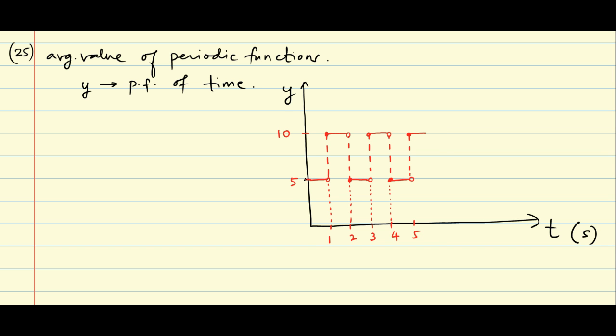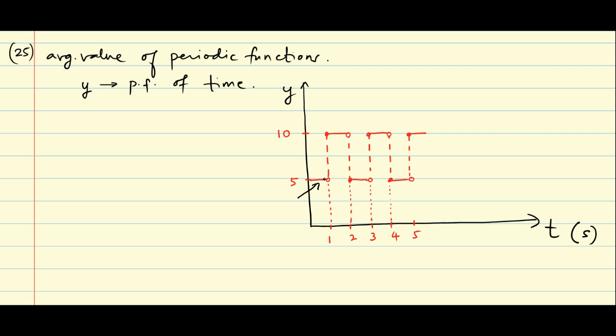Of course, we can even see how exactly y behaves. So for the first second, that is from t equal to 0 to t equal to 1 second, I'm talking about this part, it starts out at 5.